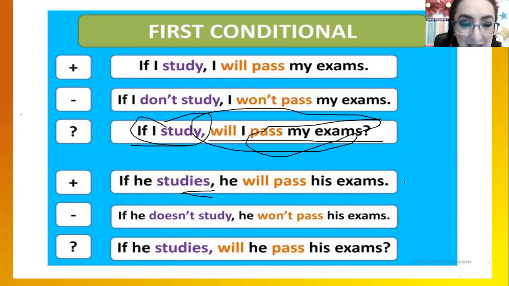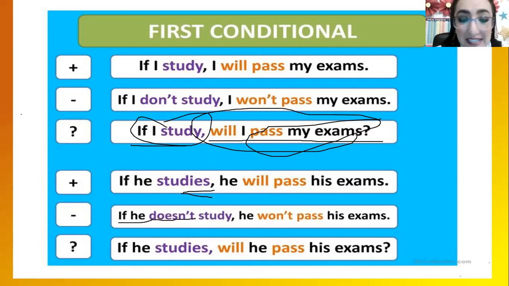Roberto will pass his exams if he studies. Will Melissa pass her exams if she studies? That's what we are going to be doing today. What do you think? Easy or difficult?